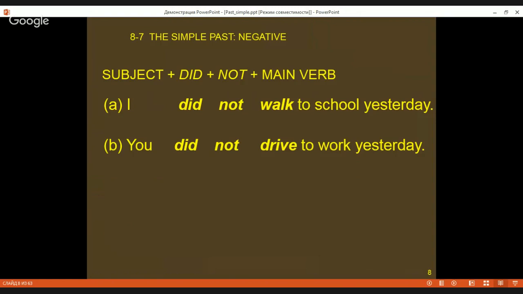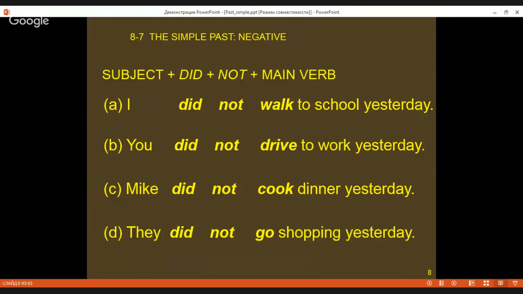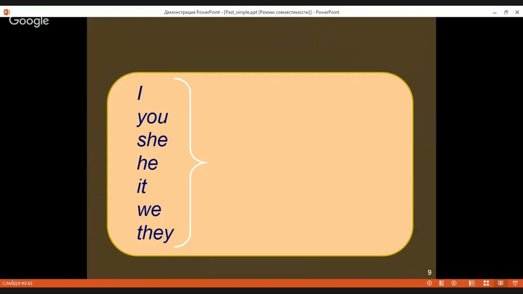You did not drive to work yesterday. Mike did not cook dinner yesterday. They did not go shopping yesterday. So as you can see, everybody, such as I, you, he, she, it, we, or they, did not do anything. The main verb comes in infinitive form, and please do not forget about the auxiliary verb did.